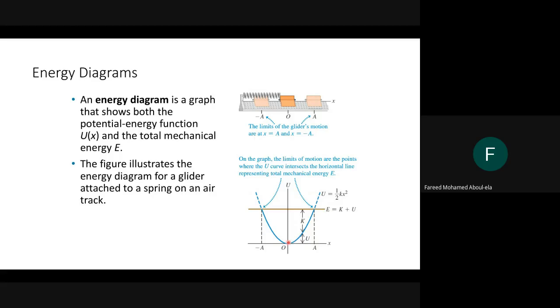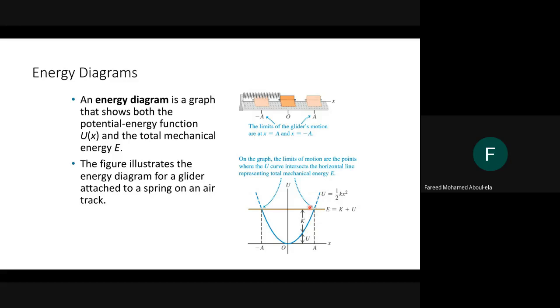And when we reach the equilibrium point, there is no potential energy. There is no potential energy, all the energy is kinetic energy. And the kinetic energy equals the potential energy from the original position.